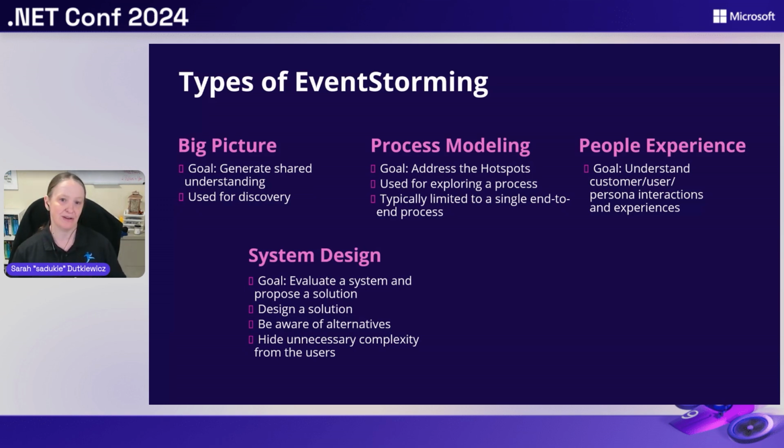Again, with EventStorming, you're having conversations. These sticky notes are there to help encourage the conversation and capture the information that you're gathering. System design, you're wanting to learn more about how the situation is so that you can design a system that meets their problem. You want to hide the unnecessary complexity from the users. If it's unnecessary, why are we doing it in the first place? But try to hide your complexity.